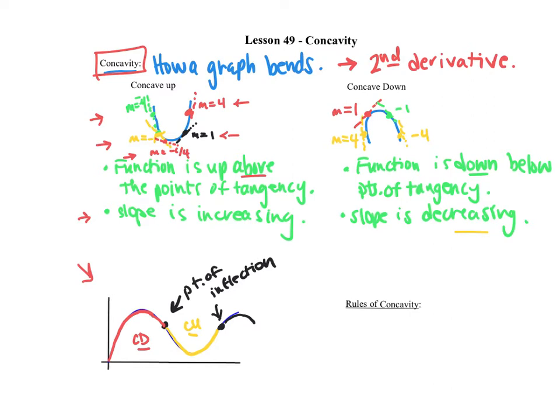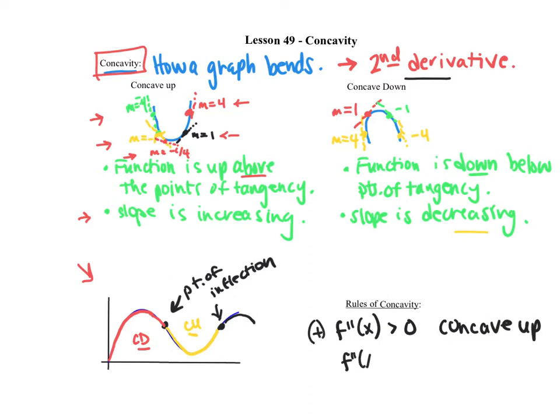So here's our rules of concavity. Because concavity is the second derivative, if we take the second derivative, and if that value is positive, so greater than 0, then we have something that is concave up. Okay, so positive, it's concave up.